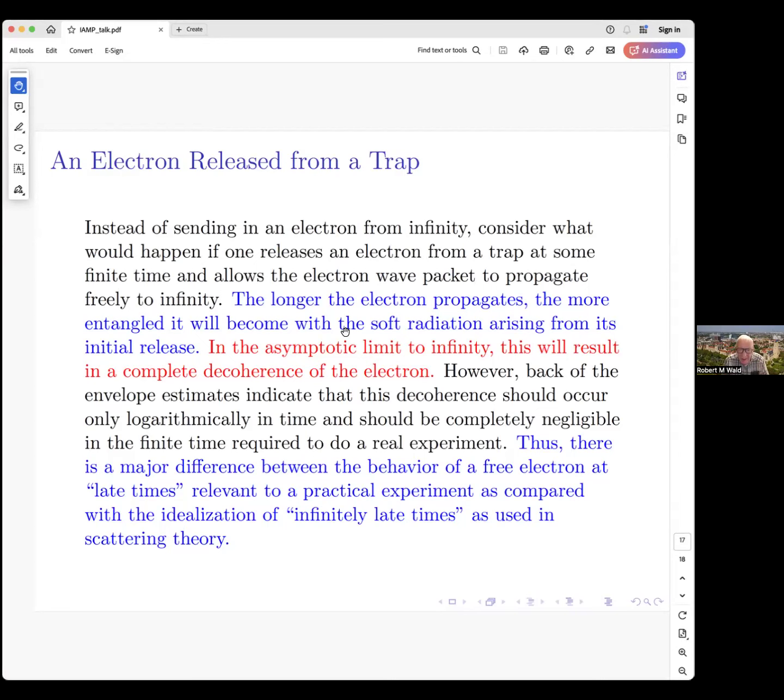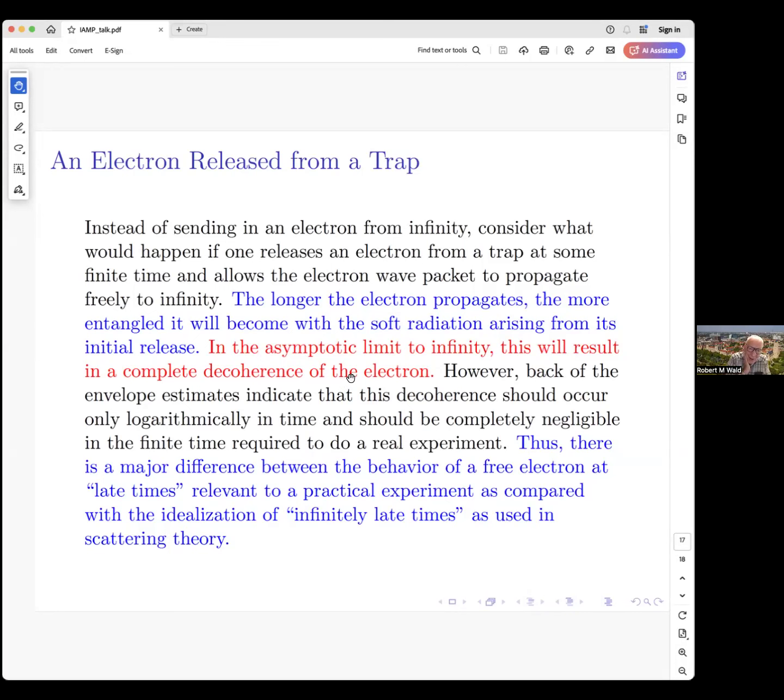When we release the electron, there will necessarily be some radiation created, but the Fourier transform of that radiation, if we consider what happens over all time, will contain arbitrarily low frequencies. And the electron, as it propagates, will become more and more entangled with this soft radiation. And if you take the asymptotic limit to infinity, it will be completely decohered.